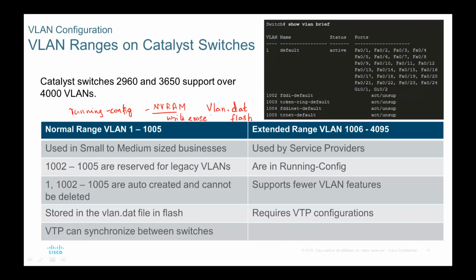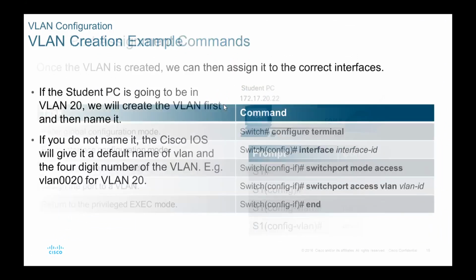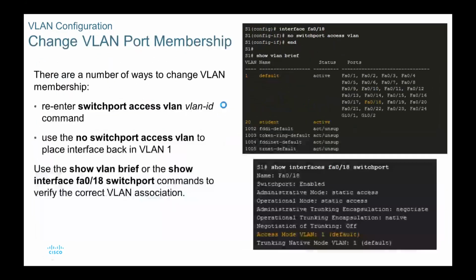Only if you delete the vlan.dat file can we remove the VLANs that are created. So all the configuration that we do for VLAN creation gets saved in this file. The configuration commands I'll directly show in Packet Tracer.